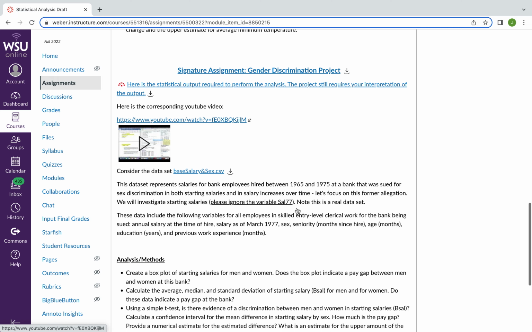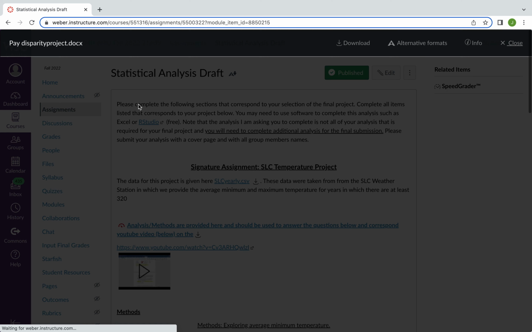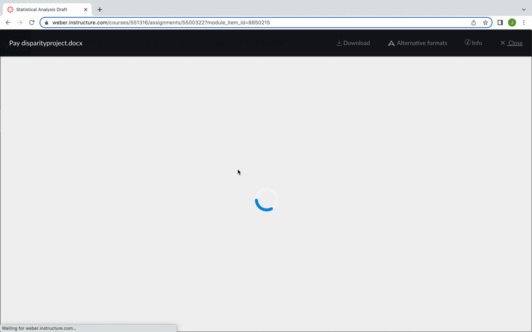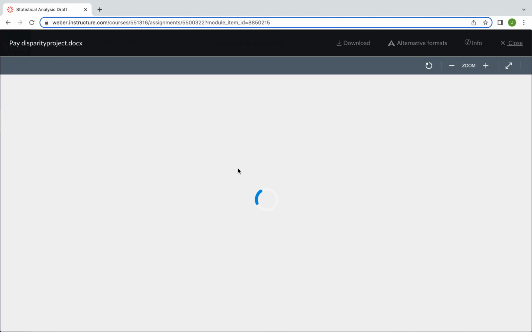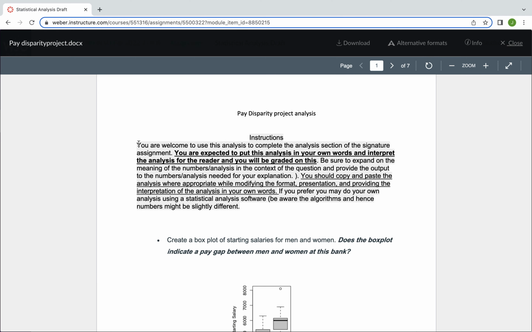For the pay disparity project, here is similar analysis that's provided, and we'll preview it. So again, you should not copy and paste this output. Okay, so you're welcome to use it, but you're expected to put this analysis in your own words.